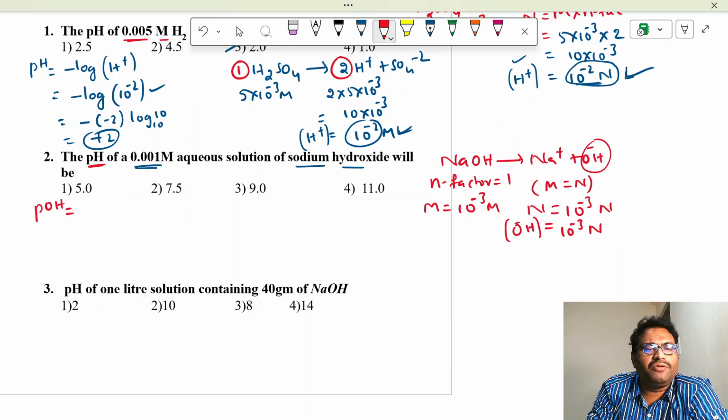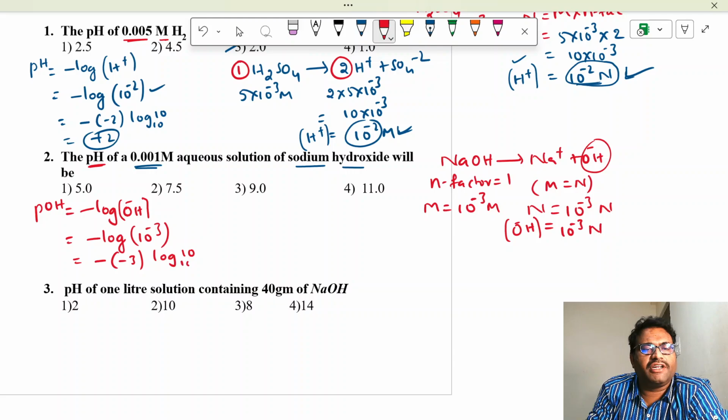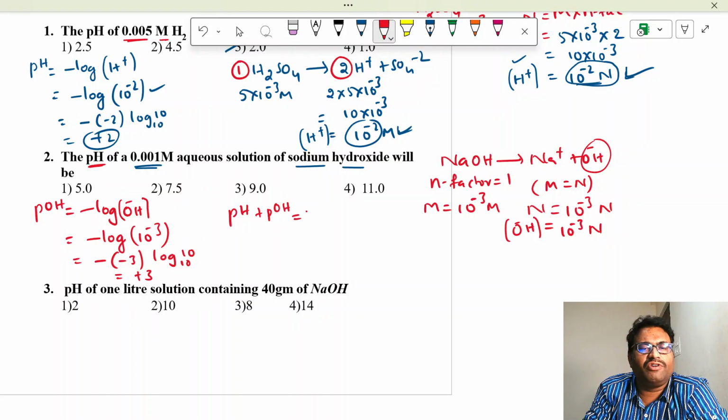pOH is equal to minus log OH minus ion concentration. That is equal to minus log of 10 power minus 3 M. That is equal to minus of minus 3 log 10 base 10, which is equal to plus 3. So we got pOH, and we know that pH plus pOH is equal to 14 at 25 degrees centigrade.